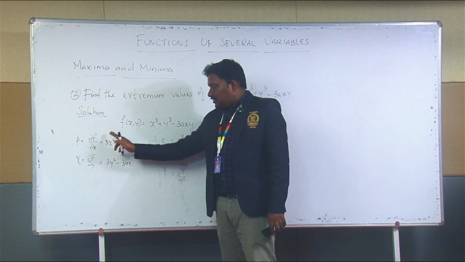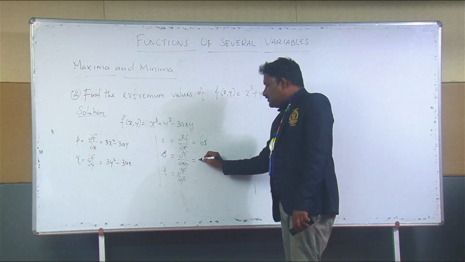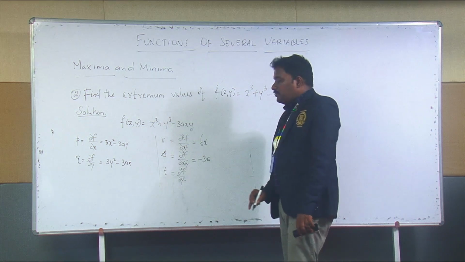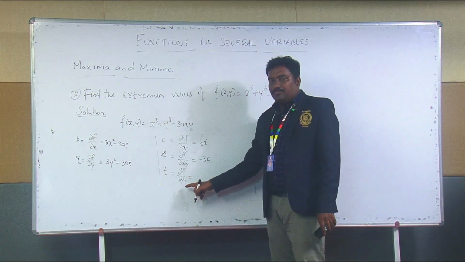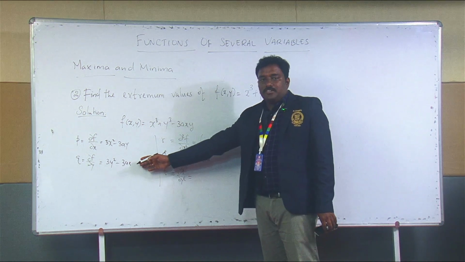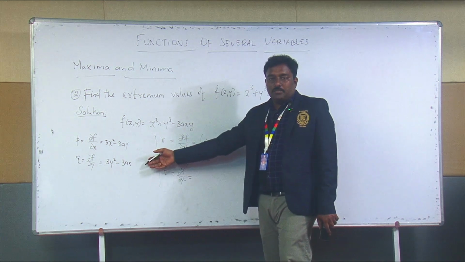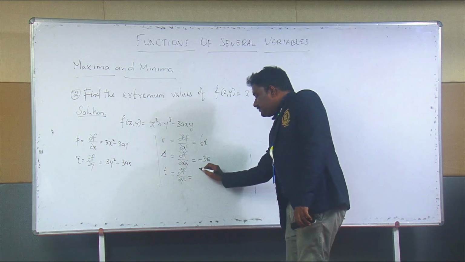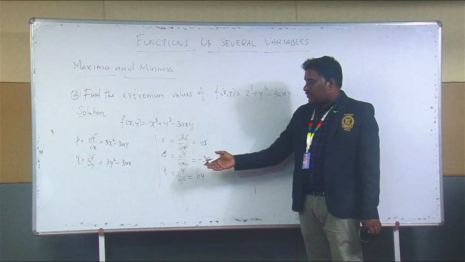If you differentiate this with respect to y, it becomes 0 minus 3a, that is minus 3a, and the last value, dou square f by dou y square. One more time we have to differentiate that with respect to y partially. That becomes 6y, right. So, these are the values of p, q, r, s, t.